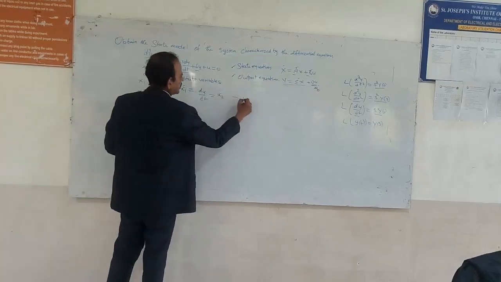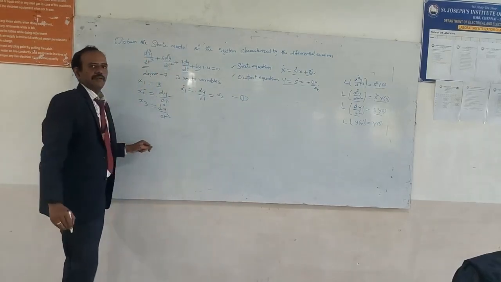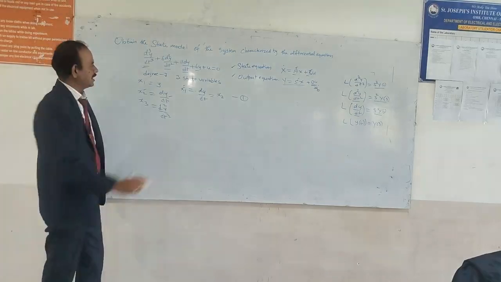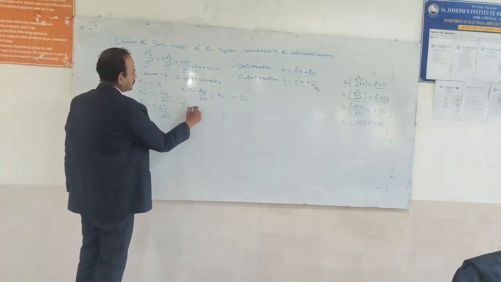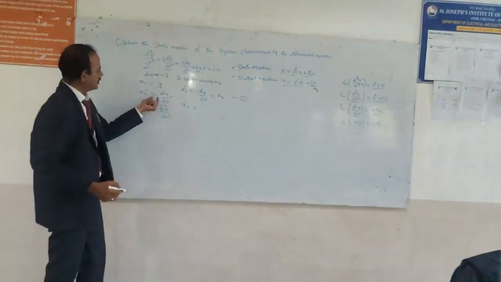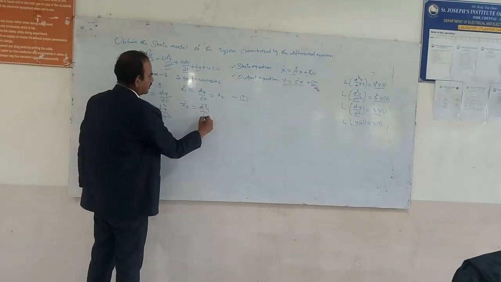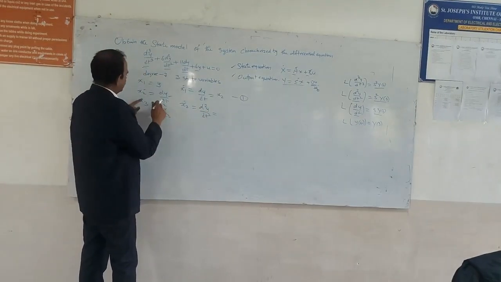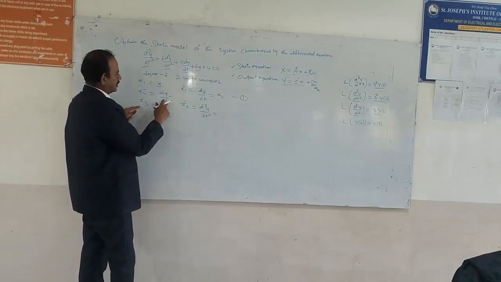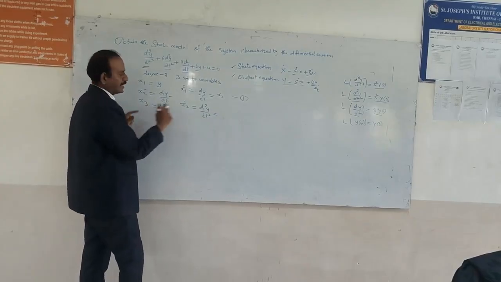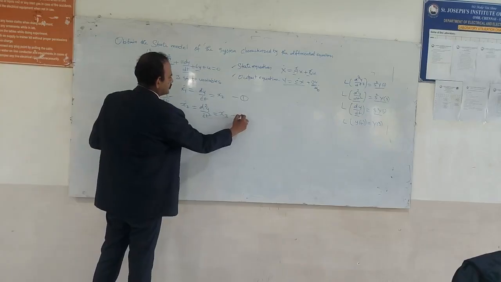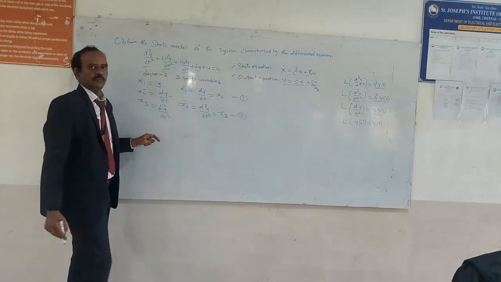This is the first equation. Similarly, x2 dot is the derivative of dy by dt, nothing but d square y by dt square, which is x3. So we write x2 dot equal to x3. Make this the second equation.